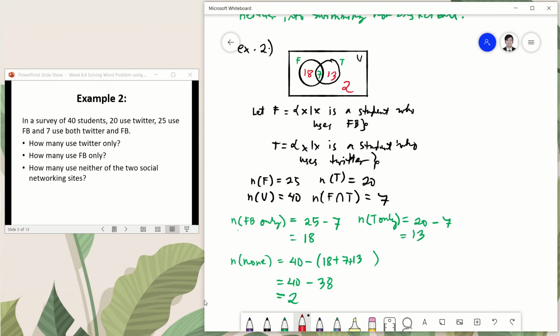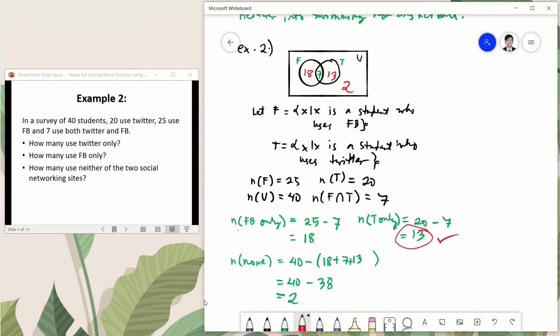First, how many use Twitter only? Our answer is 13. There are 13 students who use Twitter only.